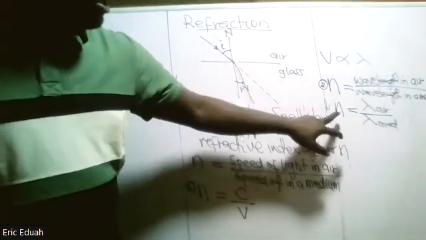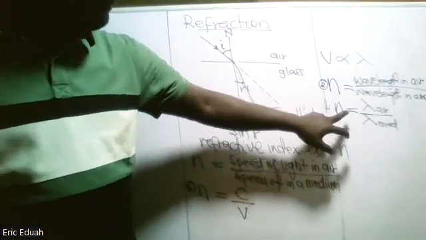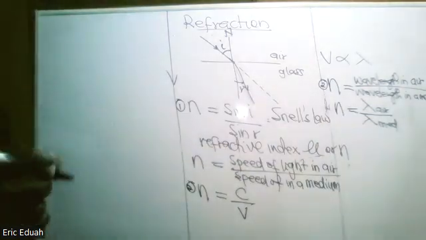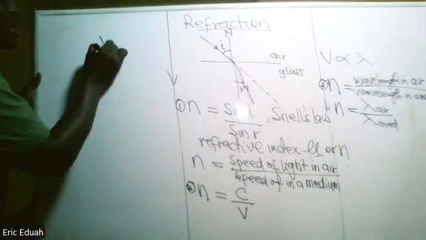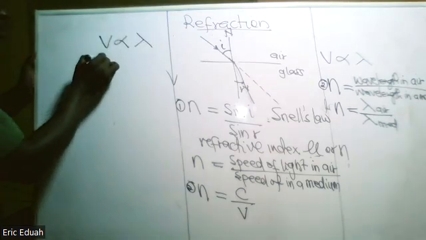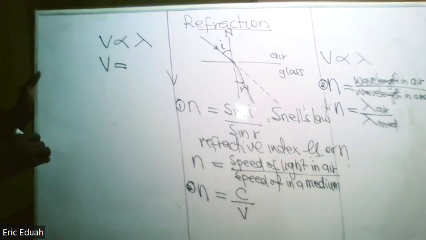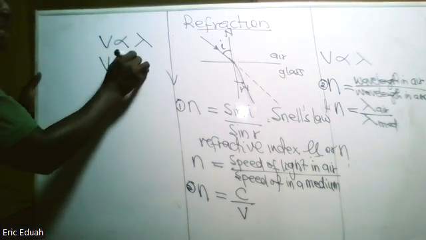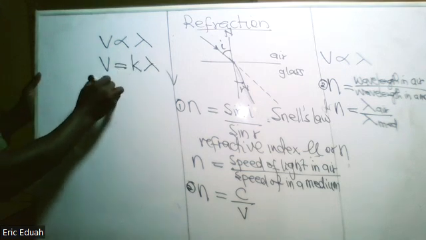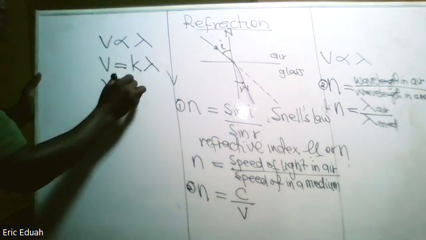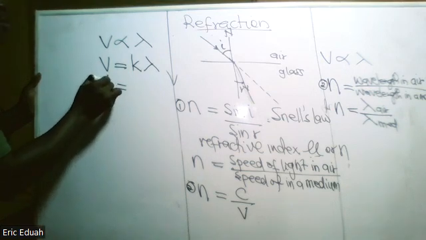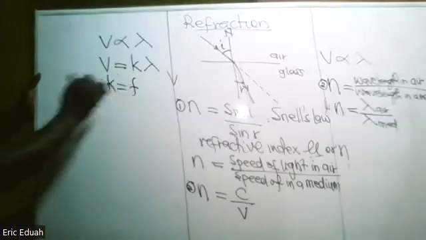We are defining refractive index by these three parameters. Now note, because velocity is directly proportional to wavelength, when we introduce an equal to sign, there's a constant, isn't it? v equals k times lambda. And this constant of proportionality is what we refer to as the frequency f of the wave.